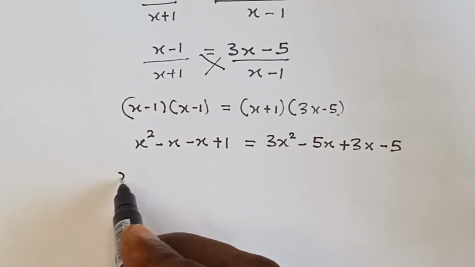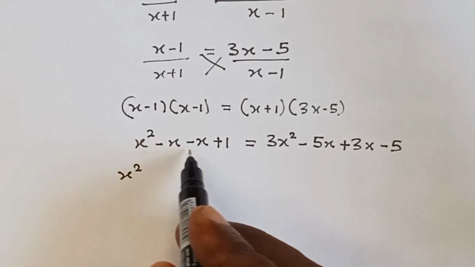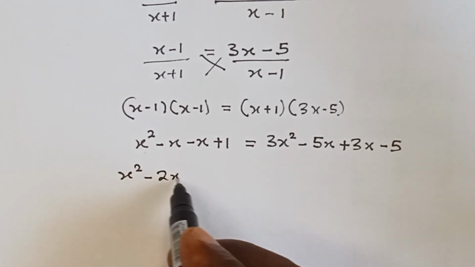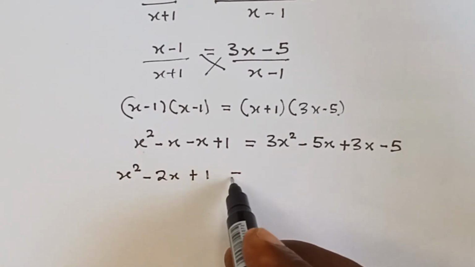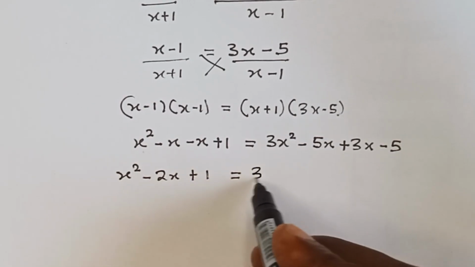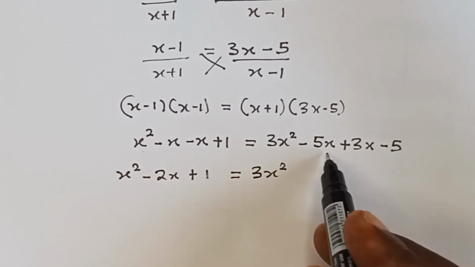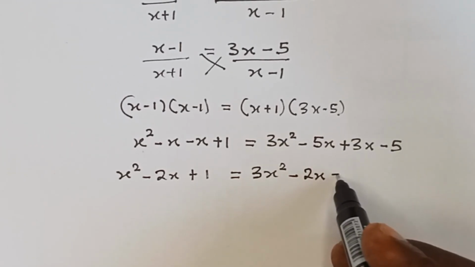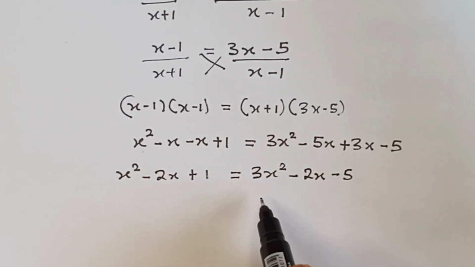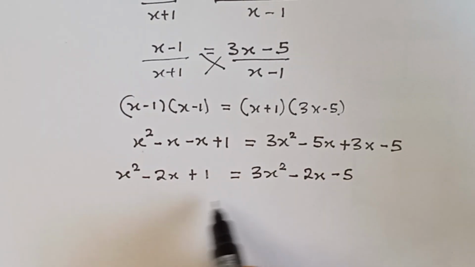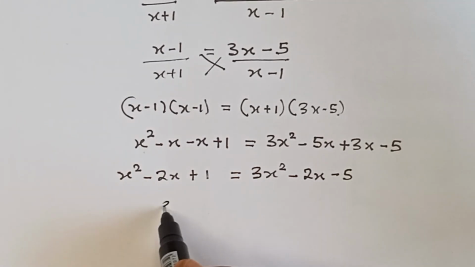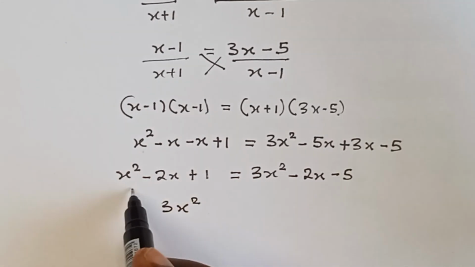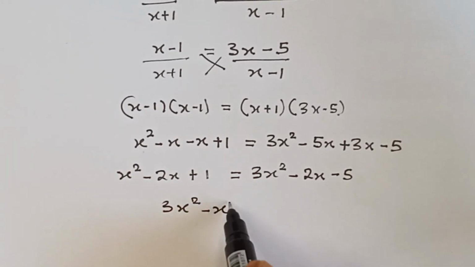Alright, so we have x squared minus x minus x will give us minus 2x plus 1 equals, here we have minus 5x plus 3x will give us minus 2x, then minus 5. So what we do here is to collect like terms. Let's collect like terms. So we have 3x squared, bring this plus x squared and it becomes minus x squared.